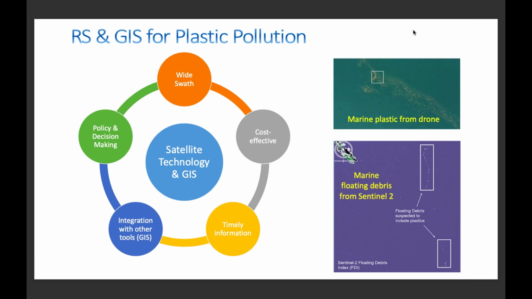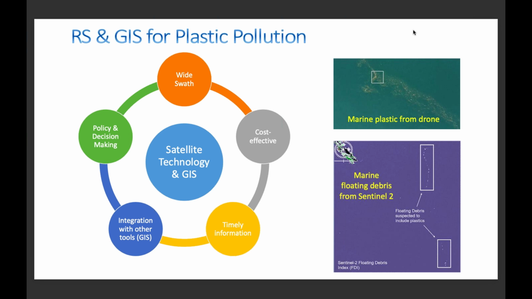Actually, now there is one very big problem when using remote sensing data, and that is that it identifies marine debris. At present, on a large scale, it is not able to identify whether this debris is plastic debris or from something else, like seaweeds or foams.